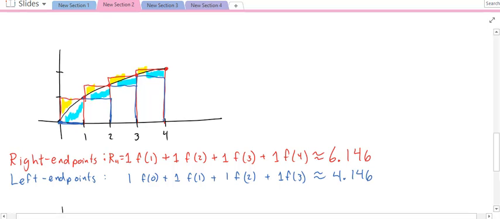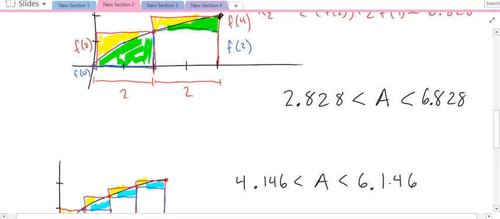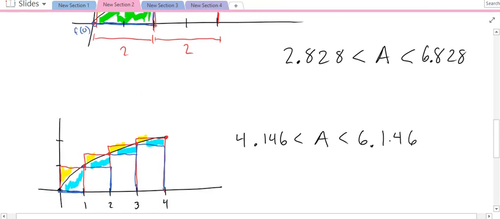And if we do the same thing for our left endpoints, we get this. So now we could reasonably claim, based on this, that our approximation for our area A is between 4.146 and 6.146.